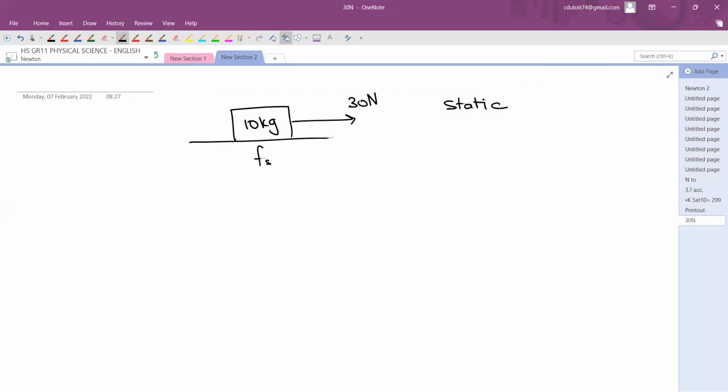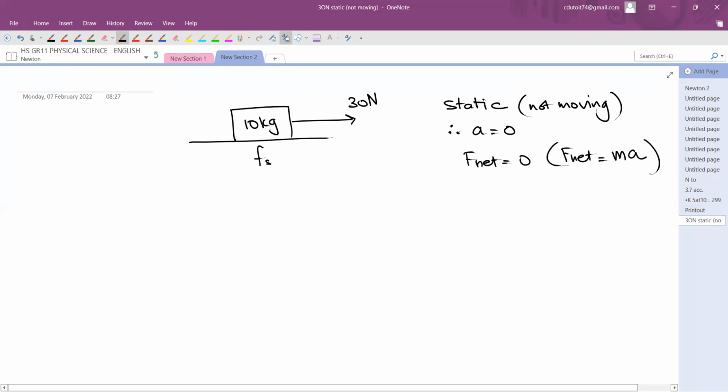Fs means there's a static force of friction, not moving. Therefore, your acceleration is 0. If the acceleration is 0, then F net is also 0. Why? Because F net equals mass times acceleration, and if the acceleration is 0, the net force is also 0.